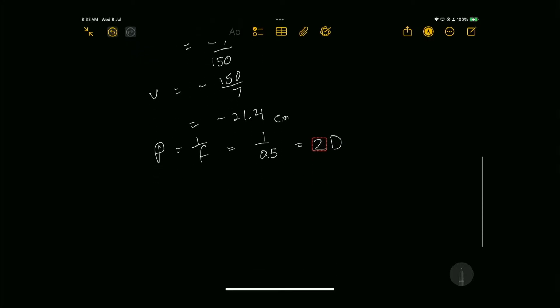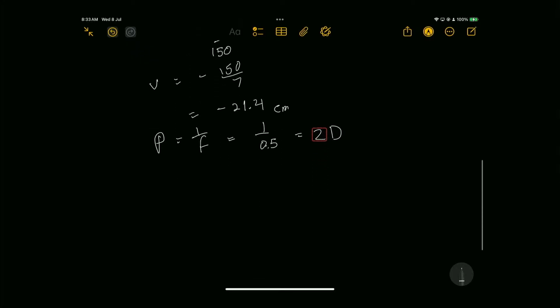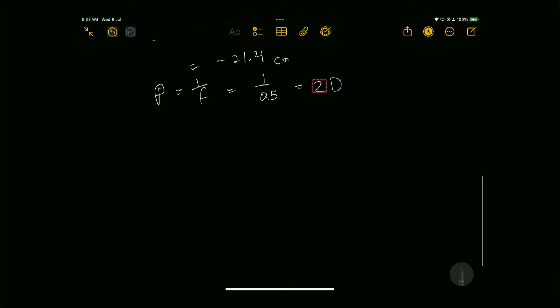If we had to calculate the magnification, how do you calculate magnification? This is minus v over u. Right, m is equal to minus v over u.